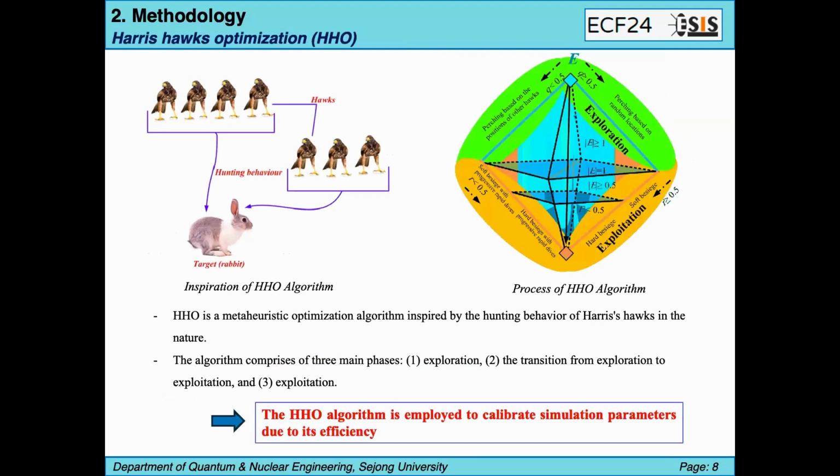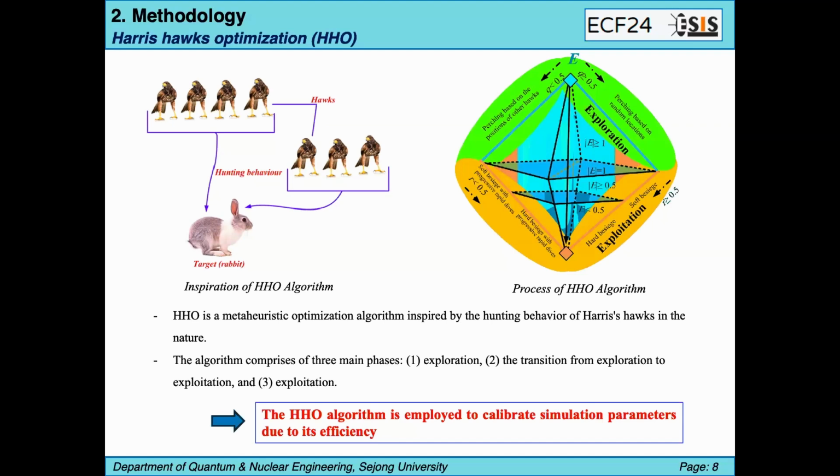Okay, and we go to the Harris Hawk optimization. This algorithm is a metaheuristic optimization algorithm inspired by the hunting behavior of Harris Hawks in nature. You can see in the left figure. This algorithm includes three phases.